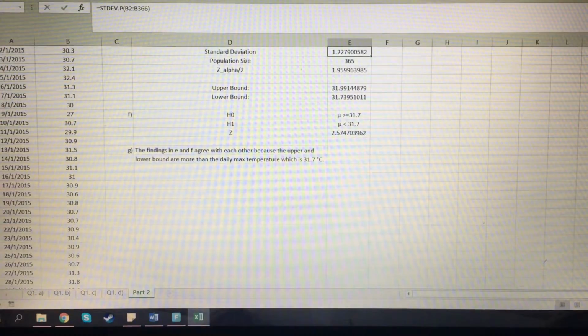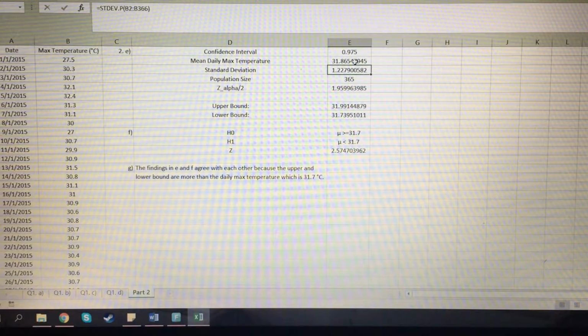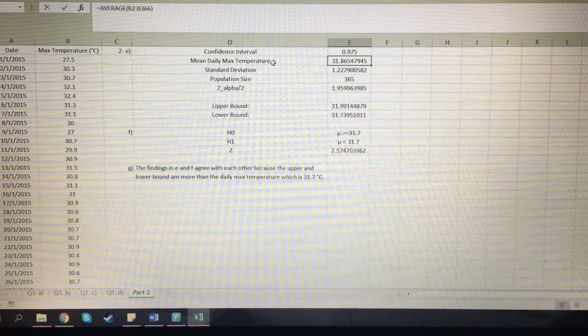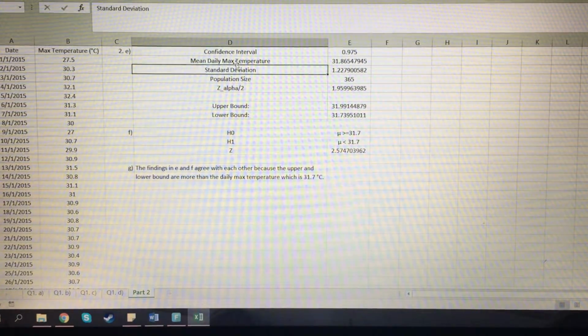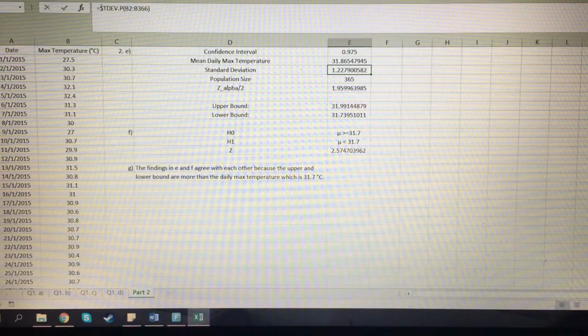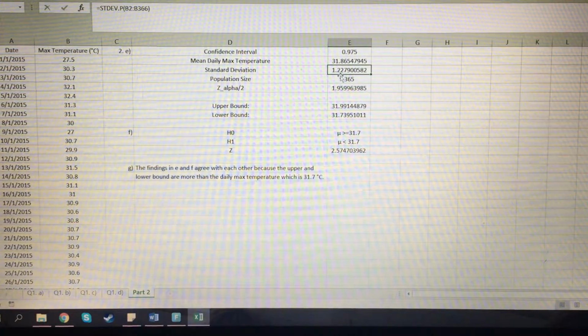Close bracket, enter, and I got my mean daily max temperature. To find the standard deviation, I use the STDEV.P function, and then I highlighted the max temperature for the months, and then I got my answer.